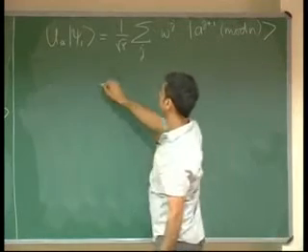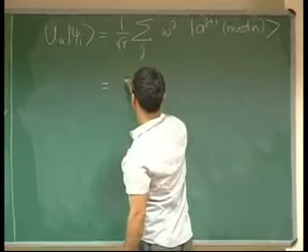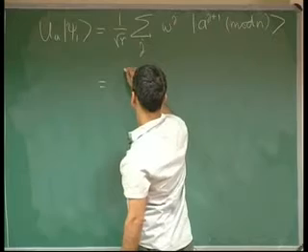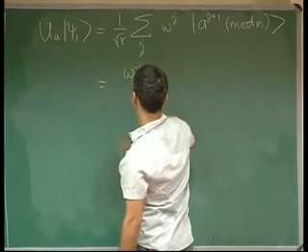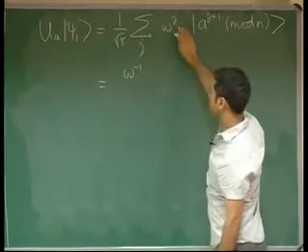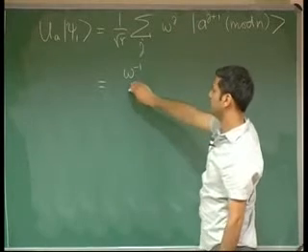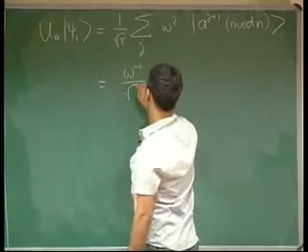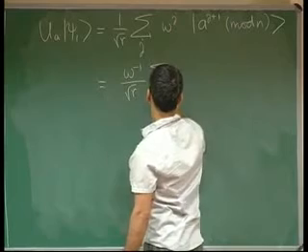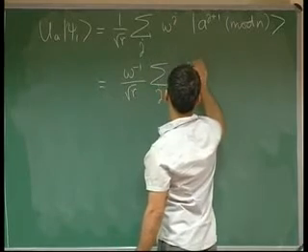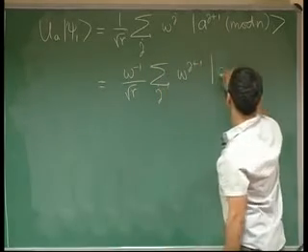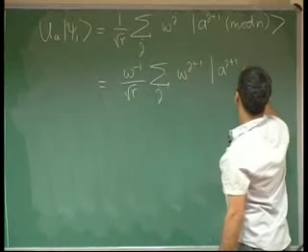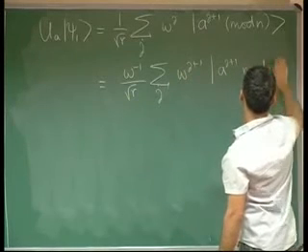I can rewrite this as, well, omega to the minus 1. So I can multiply the phase by omega and divide it by omega to get this expression here. So I have omega to the j plus 1 and a to the j plus 1 mod n.